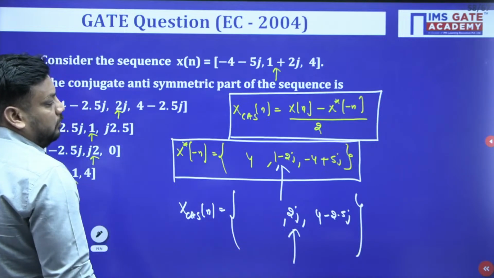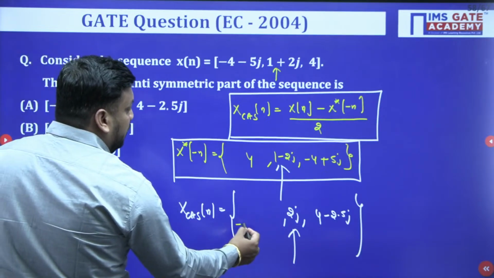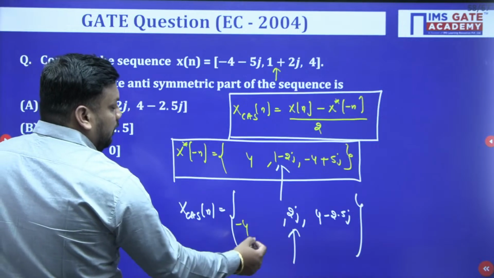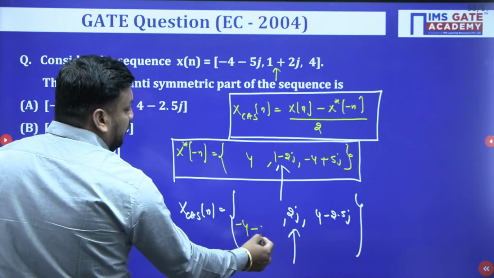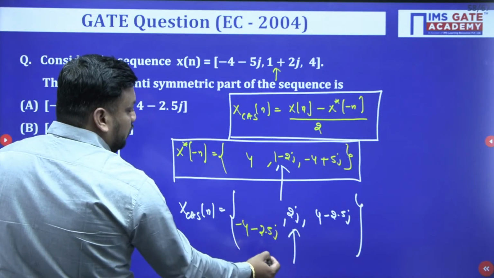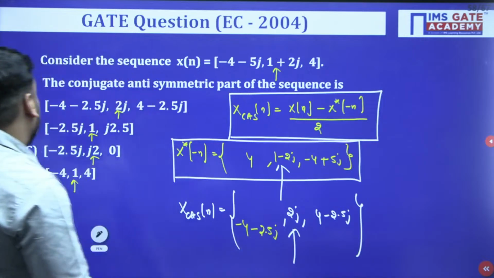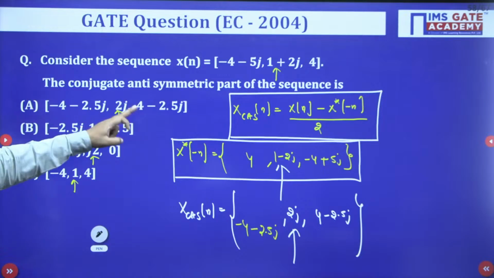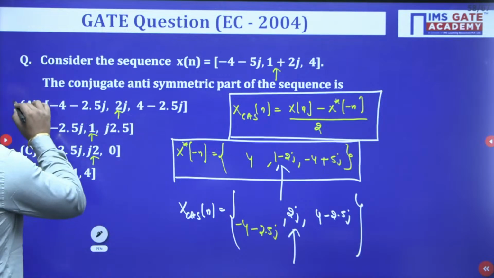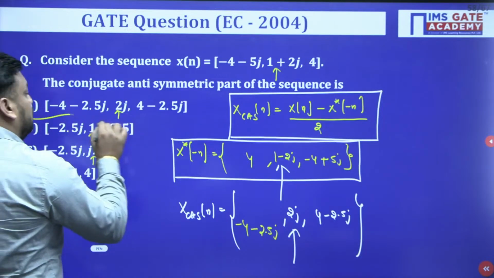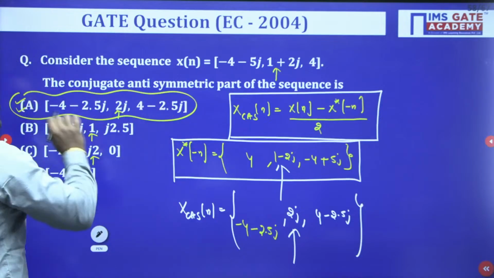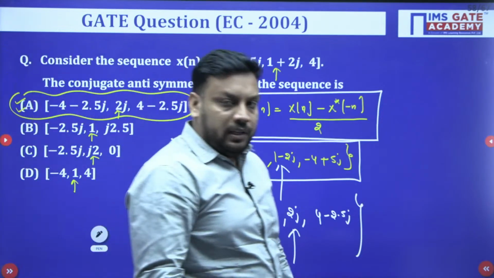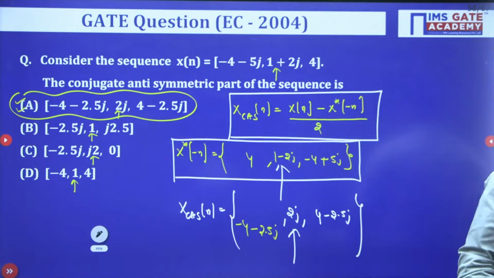So you will get minus 4 and minus 2.5j. So it will be minus 4 minus 2.5j, plus 2j, and 4 minus 2.5j. Exactly, option A is correct as far as the antisymmetric part is concerned.